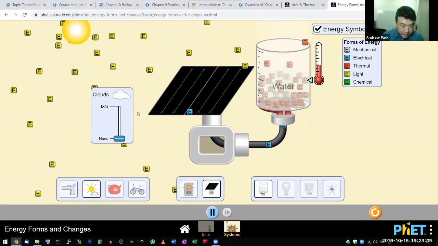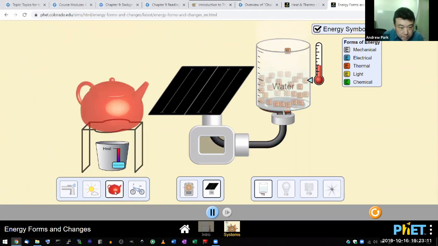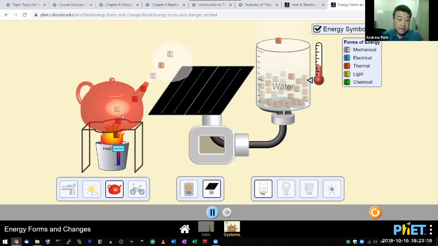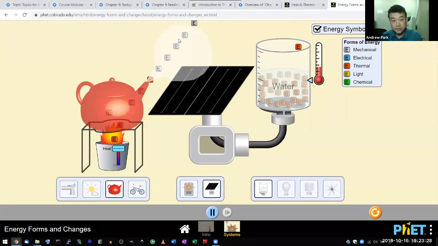And I think there's actually an example of that here. Let me see. Yeah, this is an example of that. So here we have a form of energy that's starting out as thermal energy. And you see that as this water pot boils, that thermal energy is turning into mechanical energy.